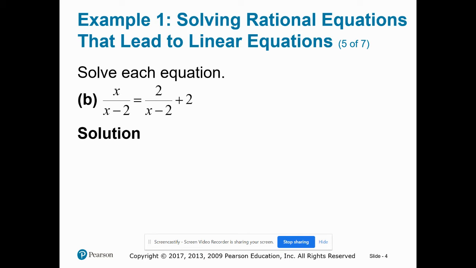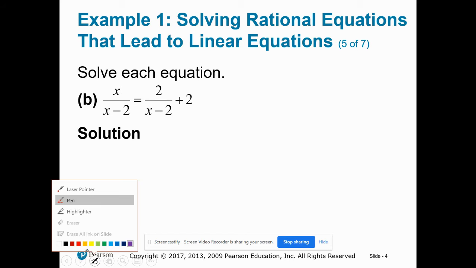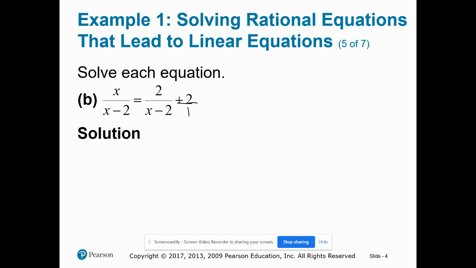Our second example, I'm again going to start with putting this last 1 over 1 and asking, okay, what would our common denominator be? What do we have in our denominators? We have x minus 2, and we have x minus 2, and we have a 1. So it looks like our common denominator would be x minus 2.